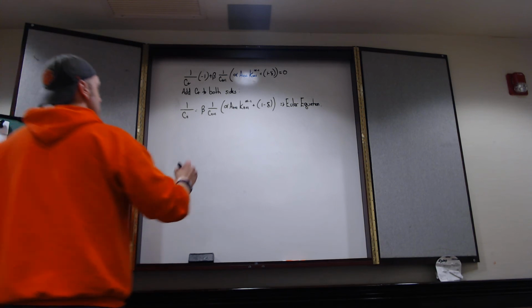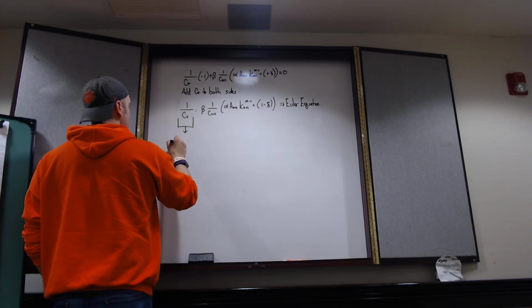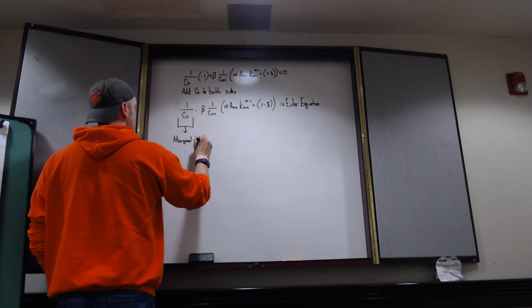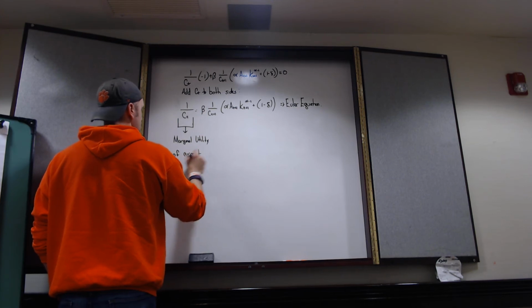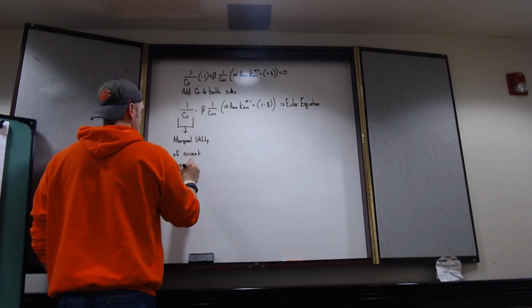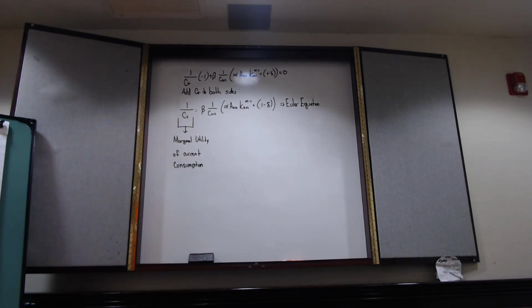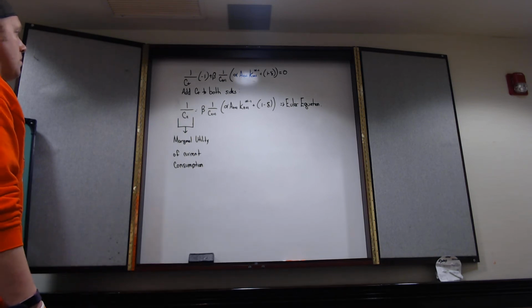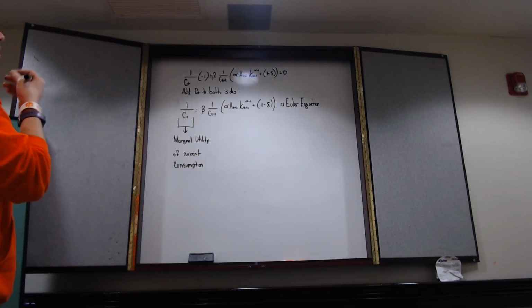Right, and what this says, this part here is the marginal utility of current consumption. Recall, economists are always thinking on the margin. Rational people always think on the margin. We are being rational. We're assuming this household is being rational, thus they are thinking on the margin.